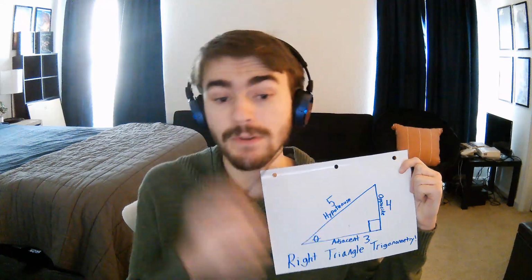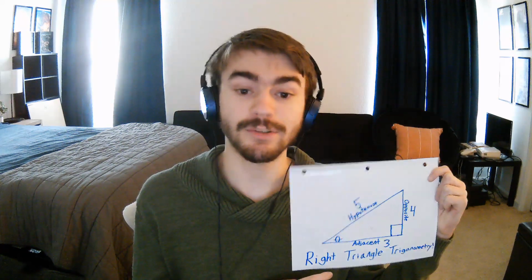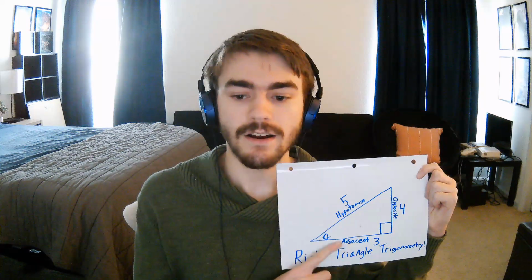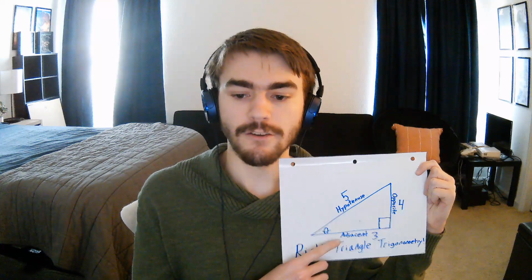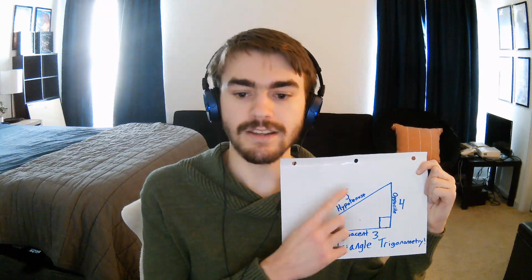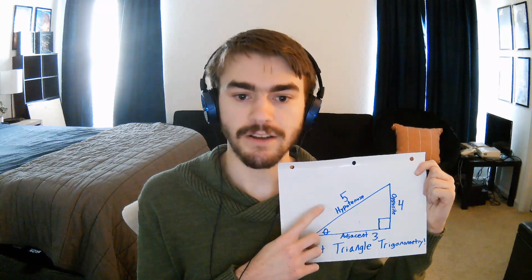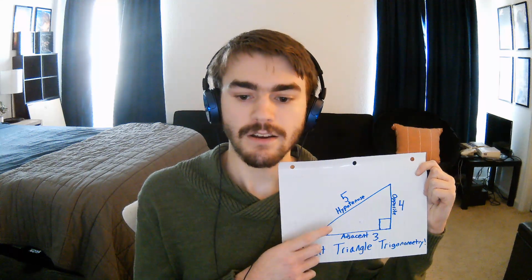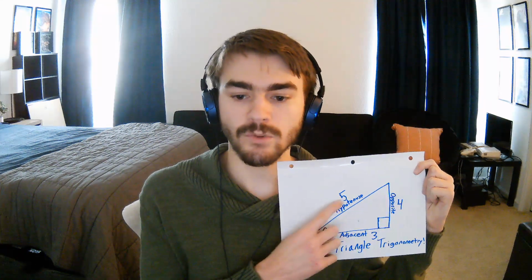So for that, we've got to go back to ancient Greece, to a guy called Pythagoras, who reasoned that the square of both of the smaller sides of a triangle is equal to the square of the larger side. So putting that into context here, we would square this: 5 squared would equal 25.